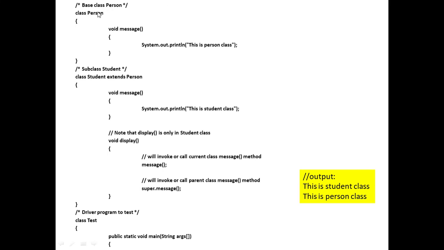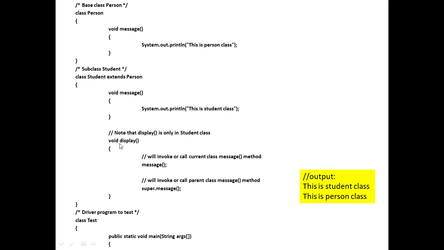Here, person is the base class with one function, message, which prints that this is a person class. Second, I have a student class which extends person. Student has a function with the same name as the base class, message, which prints that this is a student class.